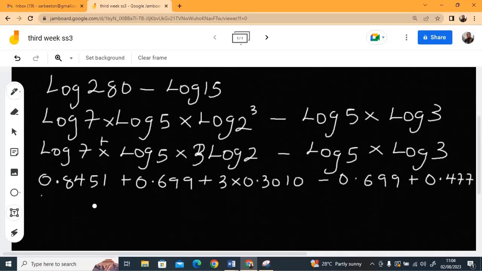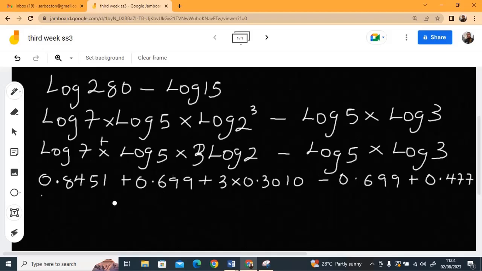So now come down. When I do this, 3 times 0.3010 will give me 0.9030. So 0.9030 plus 0.699 plus 0.8451.